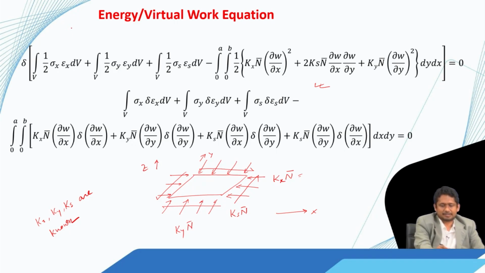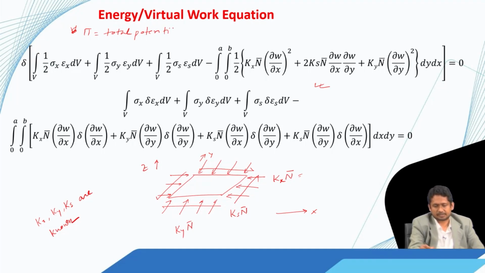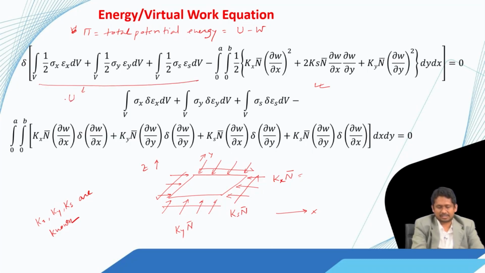So, pi is the total potential energy, and we represent it as U minus W, where minus W we can generally call V, the potential of the applied load. Here this represents U for this case.